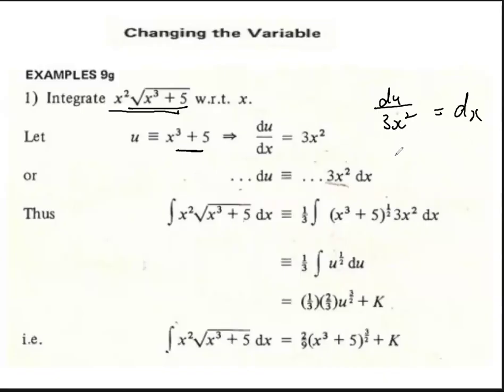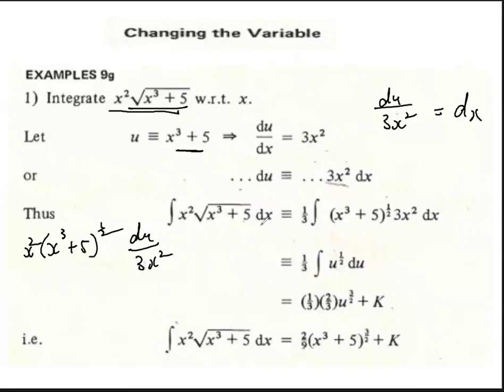And what they'll do now, they'll write this part here, right? I'm moving over here because the space is here. They will have x cubed plus 5, sorry, to the half, times x squared, right? Times du over 3x squared.